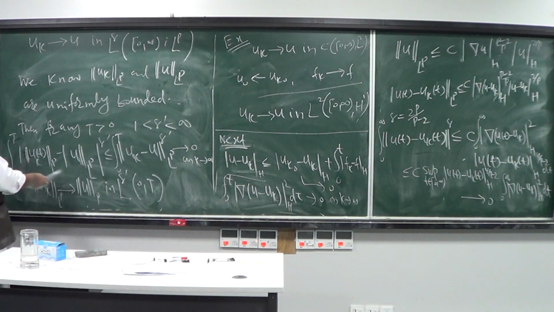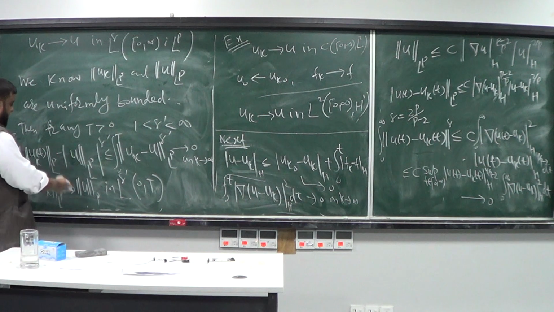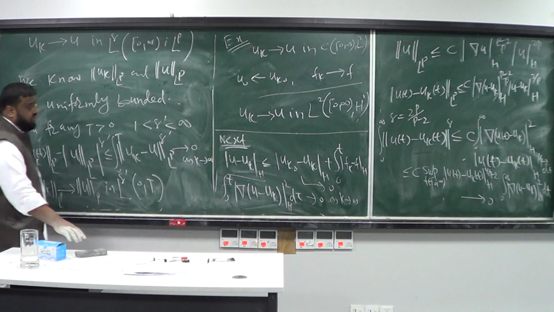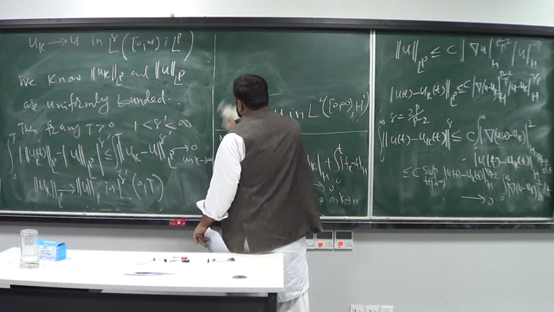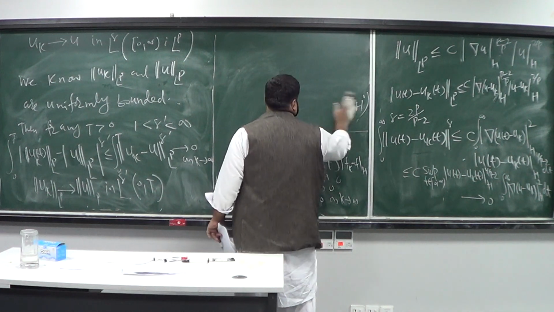This is a kind of strong convergence, and once you have this strong convergence, you get almost everywhere convergence. Now you can take your inequality in Y_k.